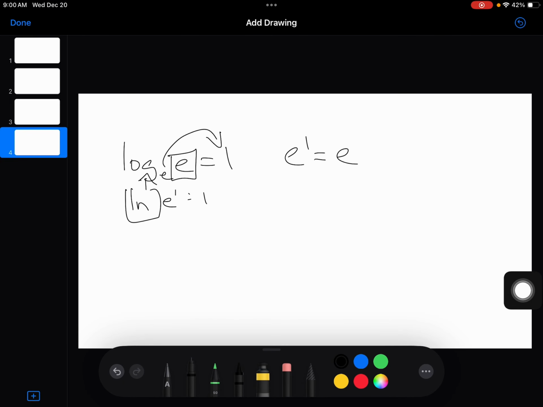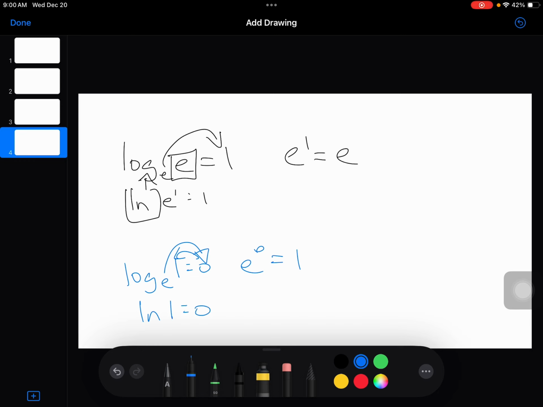And what that means is log base e of 1 equals 0 because e raised to this is equal to that. Any number to the 0 power is equal to 1, and so that's how we get ln 1 is equal to 0.